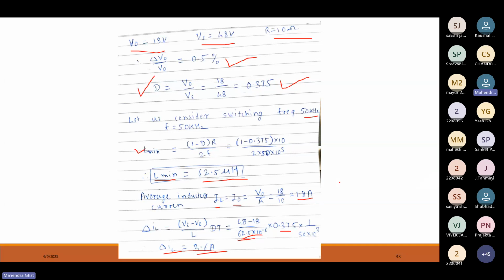So there is a trade-off between the switching frequency, your filter size, and the switch which you are using. Because again, if you want to go for a higher switching frequency, the switch cost increases. Considering all that, some range is chosen for the switching frequency, and from that all the values will be calculated, and from that we can have the final design.